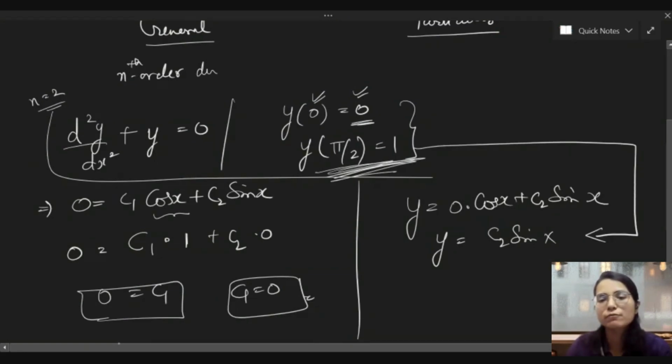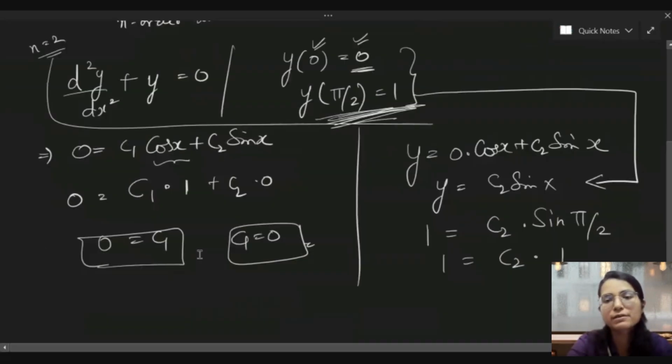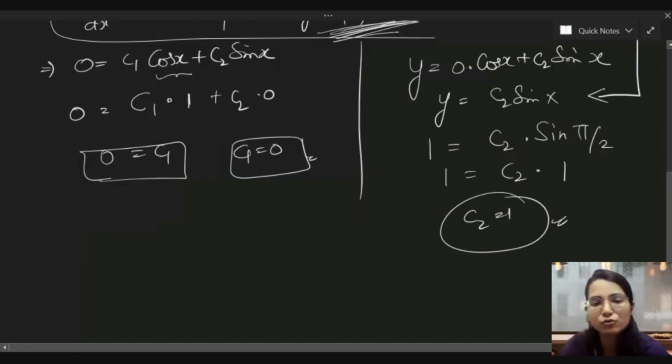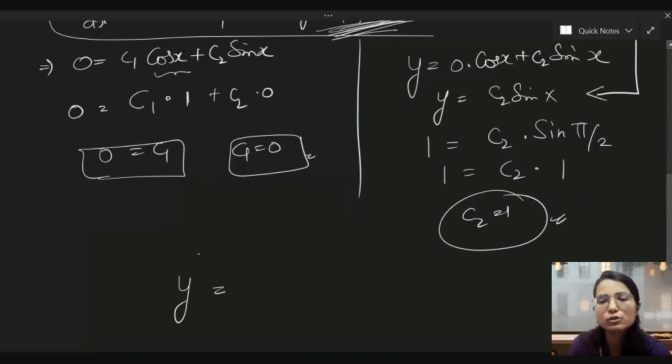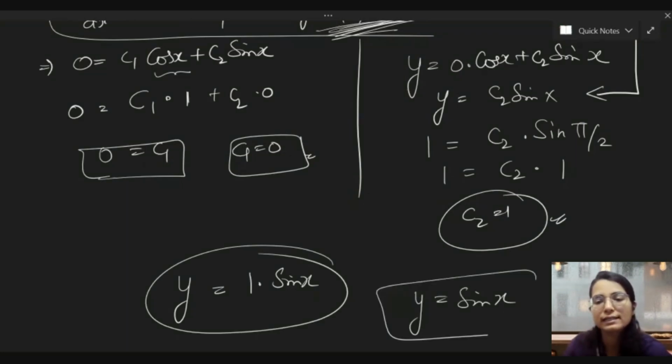Y equals 1 equals C2 sin x, where x is pi/2. So 1 equals C2 into sin pi/2, which is 1. This means C2 became 1. So all in all your solution will be y equals 1 into sin x, which means y equals sin x.